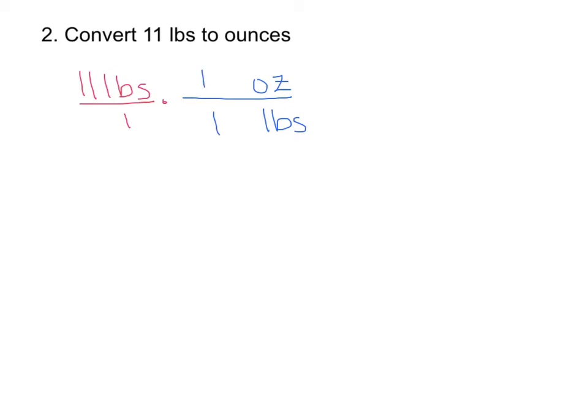There are 16 ounces in 1 pound. So I'm going to make sure that my pounds cancel out, which they do. I'm going to multiply tops times tops, bottoms times bottoms. When you multiply it times 11, I get 176 ounces over 1, which is just 176 ounces.